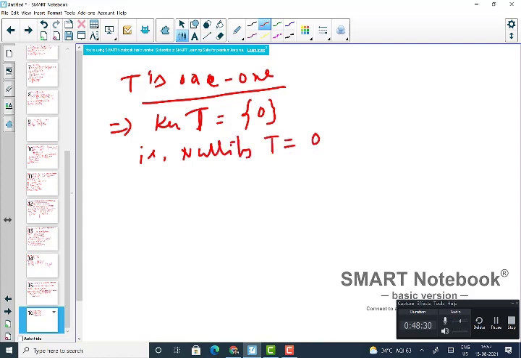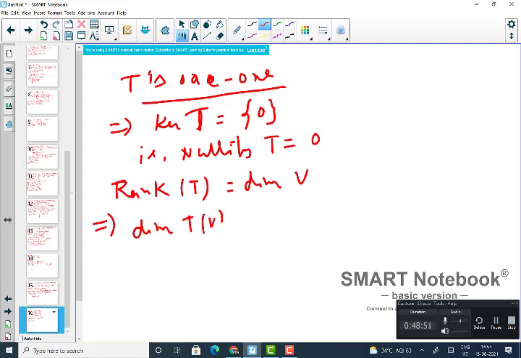Now if nullity is 0, then rank of T will be full, so rank of T will be dimension of V. But on the other hand, what is rank of T? Rank of T is nothing but the dimension of the range space, so this is dimension of T of V. But T is onto, so T of V is nothing but W. So this is nothing but dimension of W.